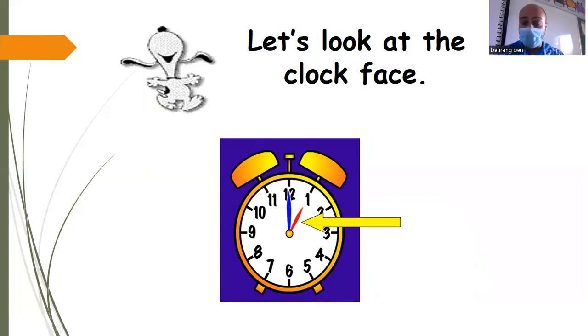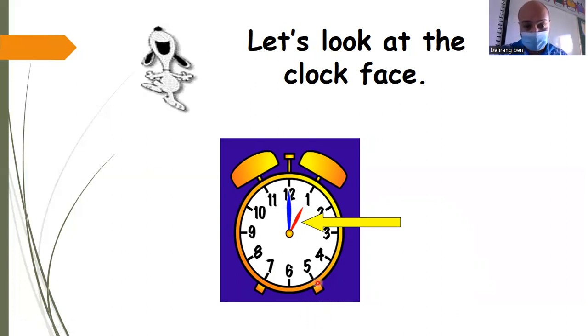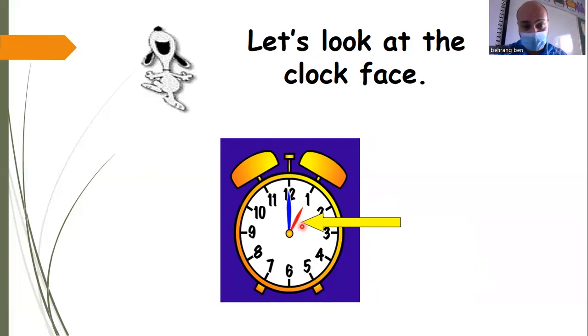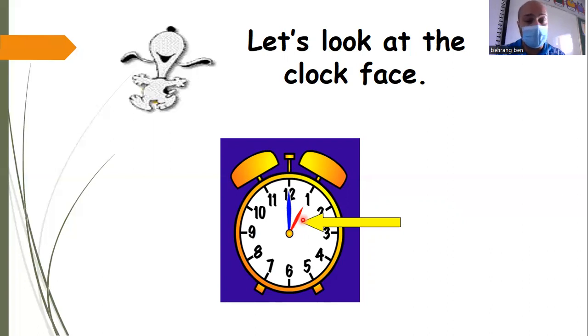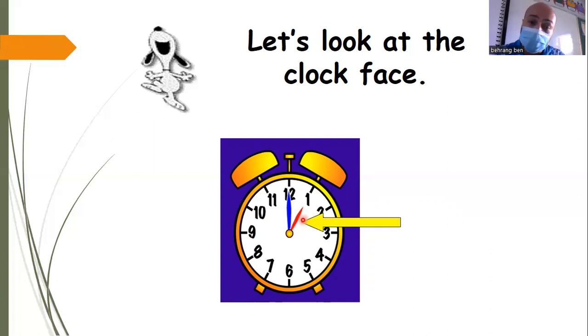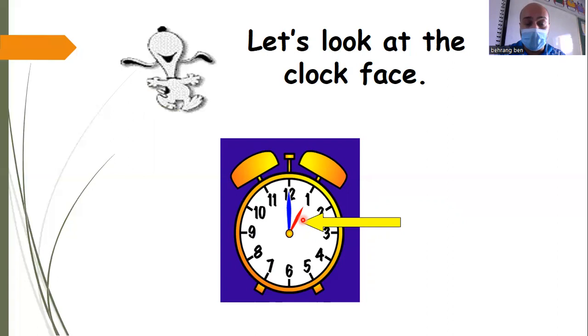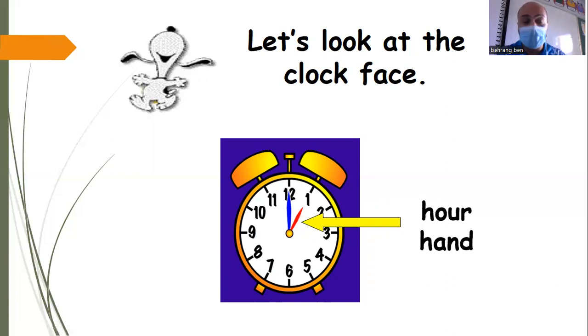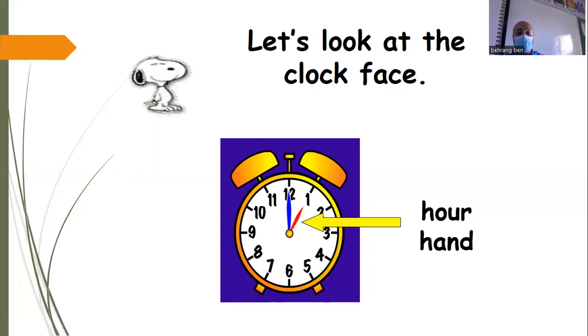So the short hand, this one, look at my red pointer. The short hand of the clock shows the hour. The short hand of the clock is our hour hand. It shows us the hour.